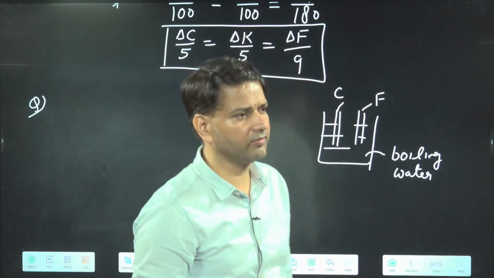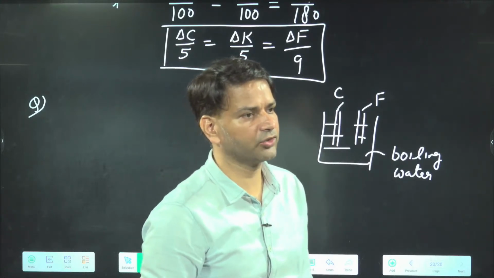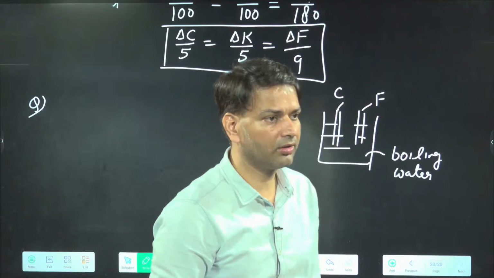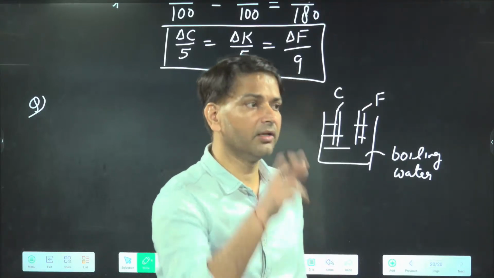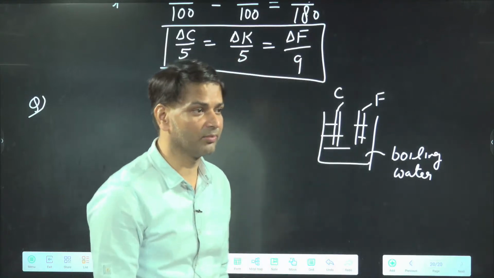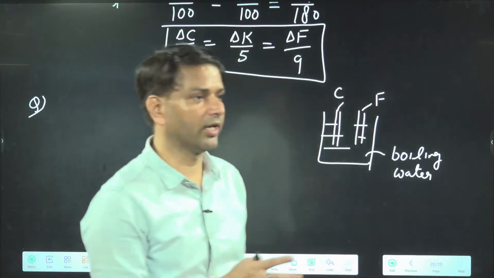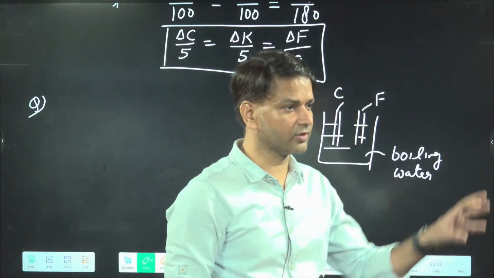What will the Celsius scale show? Tell fast. 100. And Fahrenheit will show 212, because the steam point of the Fahrenheit scale is 212. So Fahrenheit will show 212, Celsius will show 100.